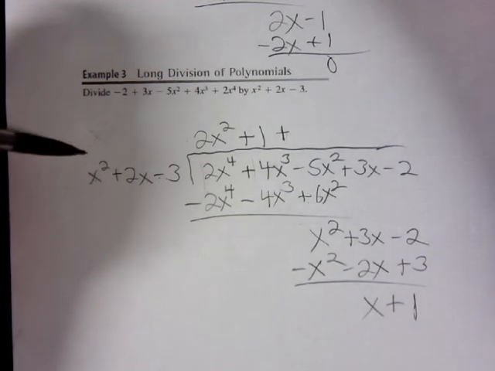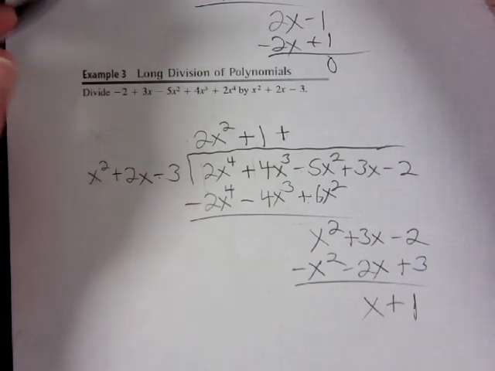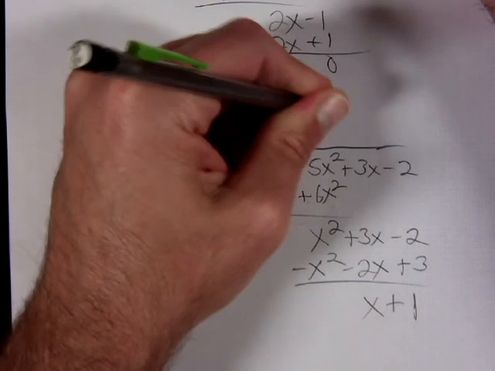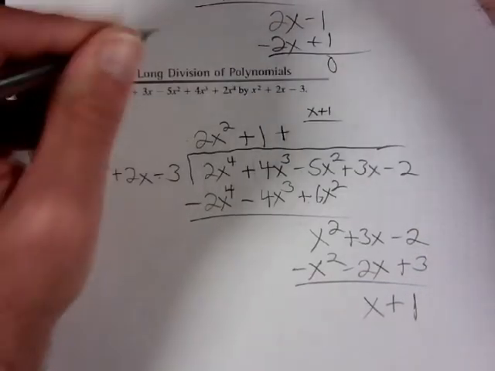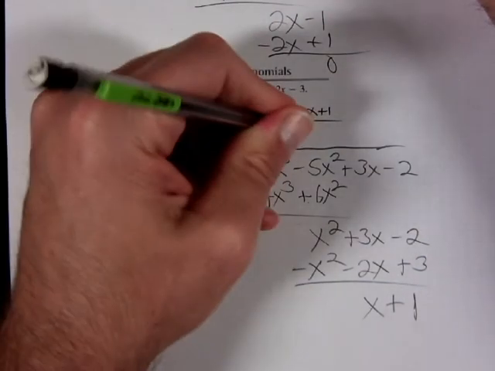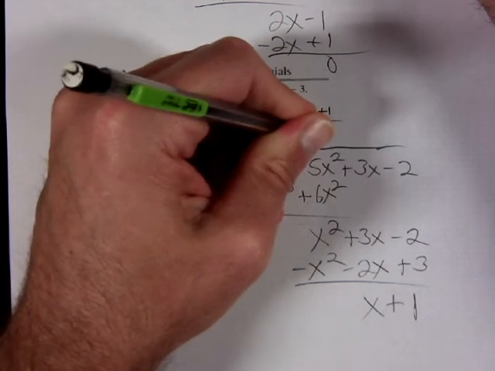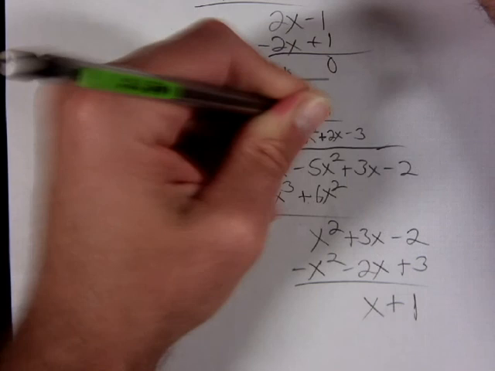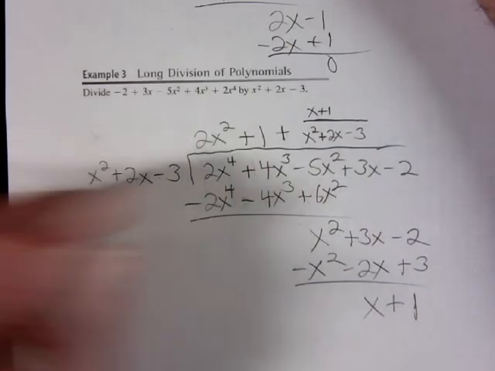And so the way that we're going to write this out is that's going to be the remainder on top, x plus 1, over what you were dividing by, which is x squared plus 2x minus 3. So that's your actual full answer right there.